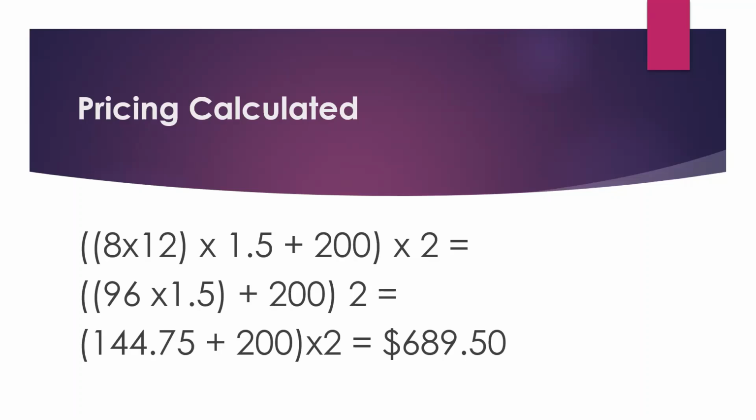Right? Hope you got that answer. If not, go through the workout again to see where you went wrong. So this would be the proposed retail price at the gallery. When the painting is sold, you would receive half of this.